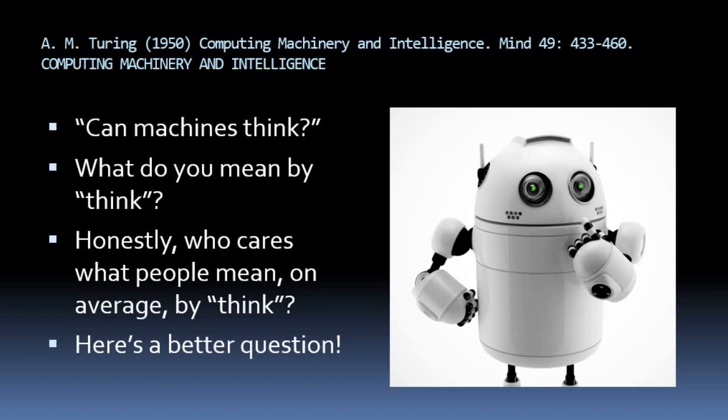Very few people seem to remember the original form that Turing presented it in because it's profoundly weird and uncomfortable. So let me make you uncomfortable for a minute. This is a quote from the 1950 paper, Computing Machinery and Intelligence. He says, instead of asking can a machine think, here's a better, practical question.